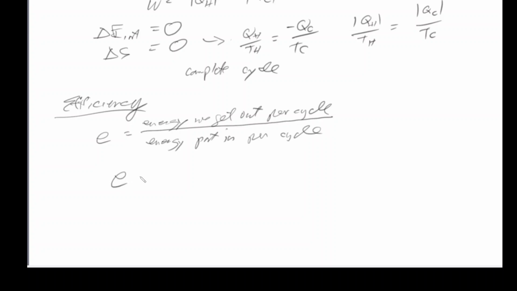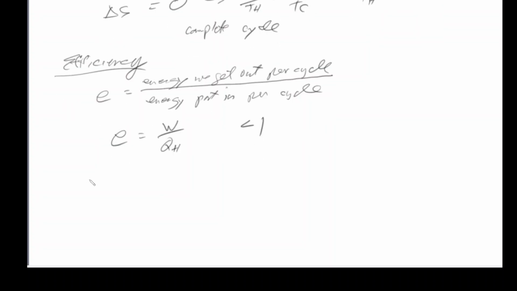And we can find that E is equal to work over Q sub H. And for any engine, this is always less than 1 because there's no perfect engine.